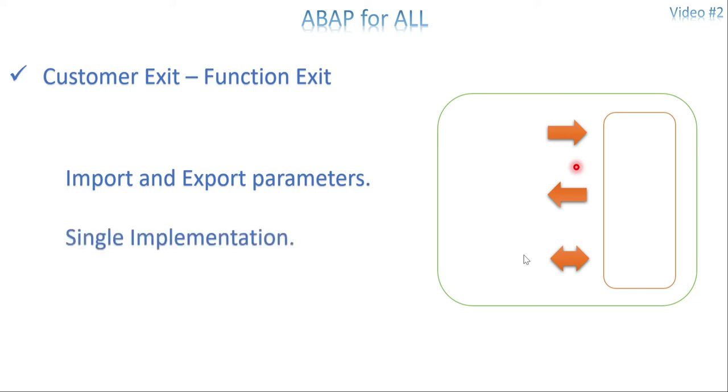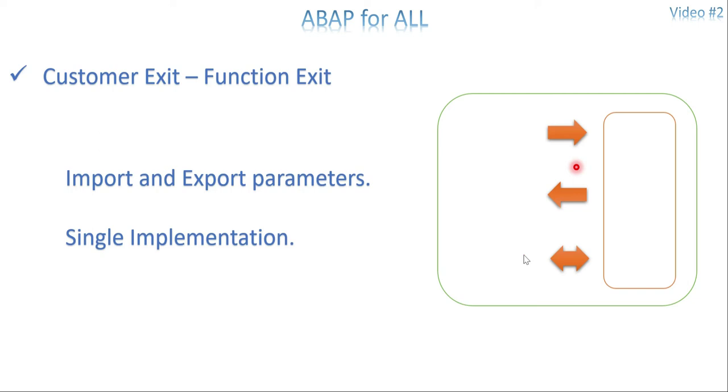And then single implementation is very important. Single implementation is, you have an enhancement and you have a function exit. You figured out finally, yes, this is a place where I need to write a code. Please recollect the last video, the formation of customer exit.